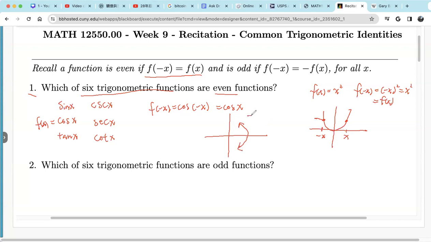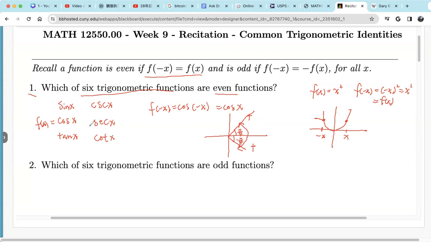But cosine is positive in the first quadrant and in the fourth quadrant. So, let's say this is pi over 4 and this is negative pi over 4. So cosine of pi over 4 and cosine of negative pi over 4 equal each other, because cosine is positive in the first and fourth quadrants.